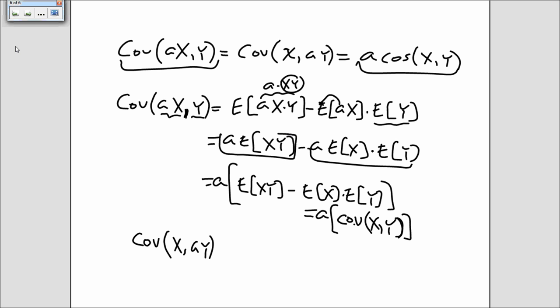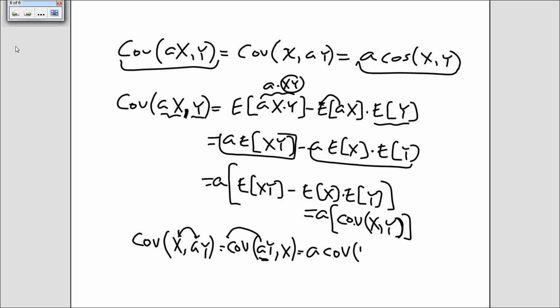Well, we have our theorem. We've already proved that it was the very first theorem. We can interchange those two. This is the covariance of AY comma X. And we just proved that when you have a constant in front of the first one, you can factor it out.